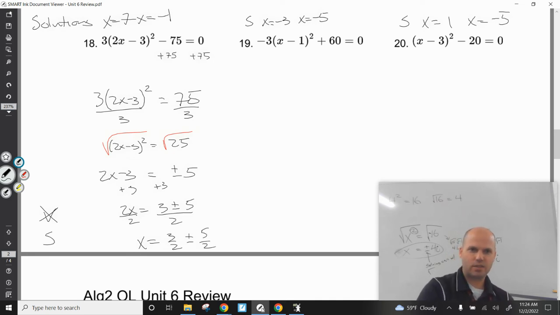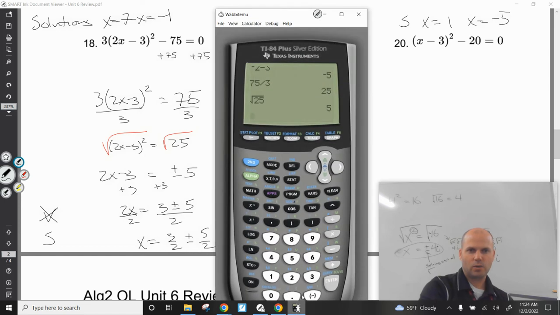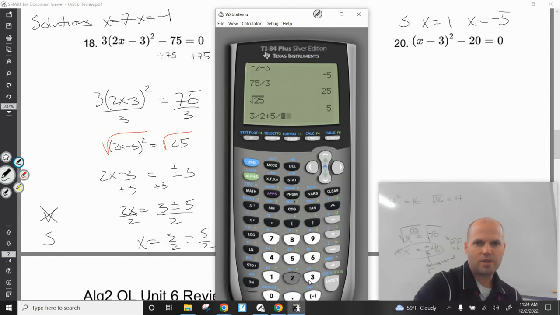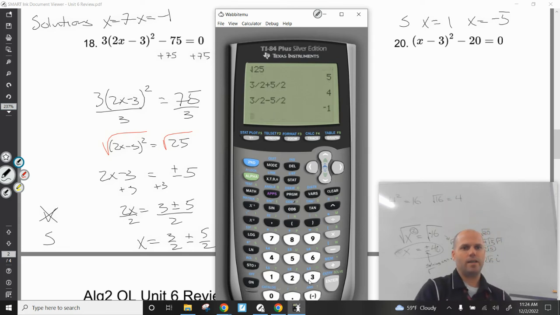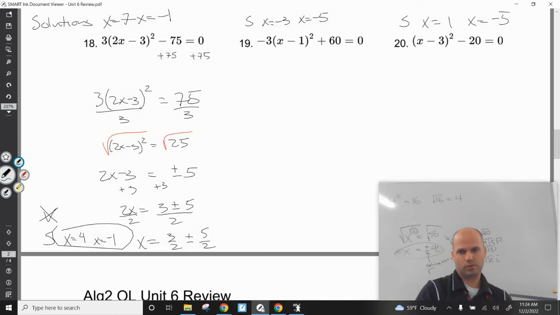Now that's fine. That's the right answer. We haven't seen it, but we've seen answers like this in the quadratic formula. So we're not going to be too shy about that. We're not going to be too intimidated by it. After we do the addition and subtraction, we get 4 and -1. And we expect you to simplify that to be like 2 numbers, okay?